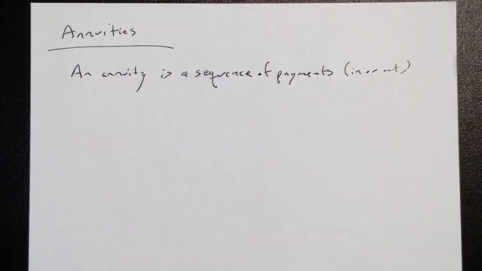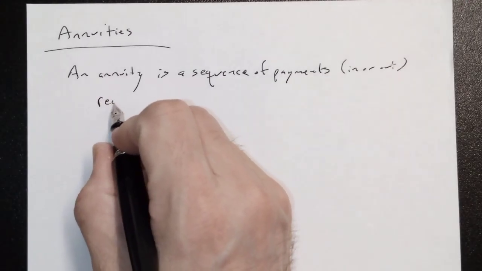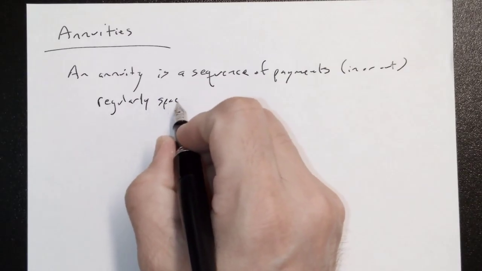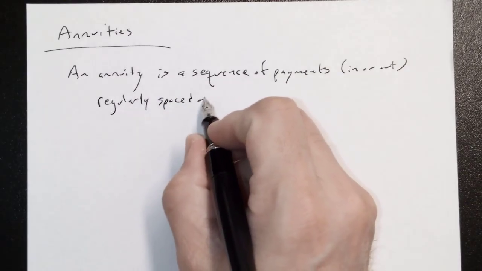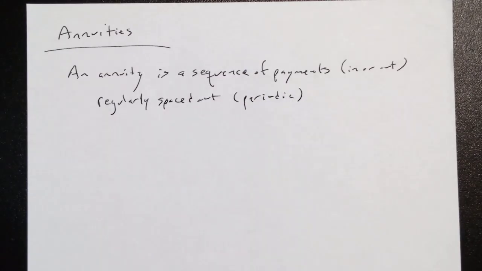It can be money coming in, it can be money going out, it depends on the setup, but as long as they are periodic. So they're every week, every month, every 2 weeks, every 6 months, every whatever.